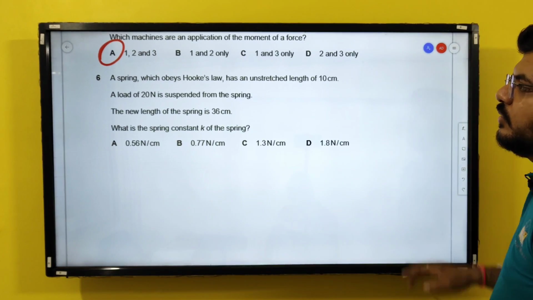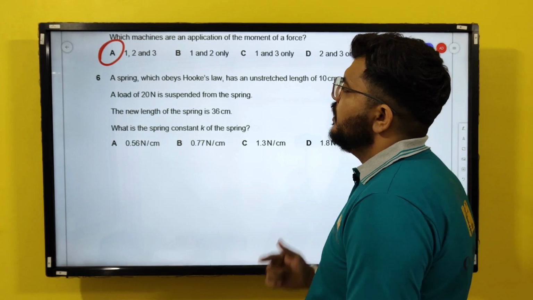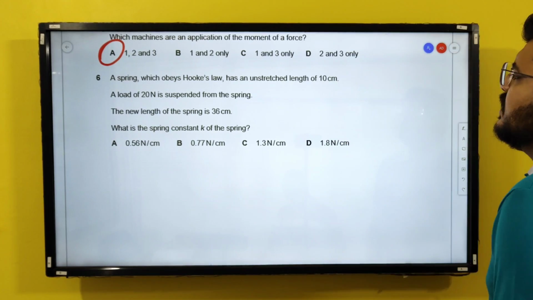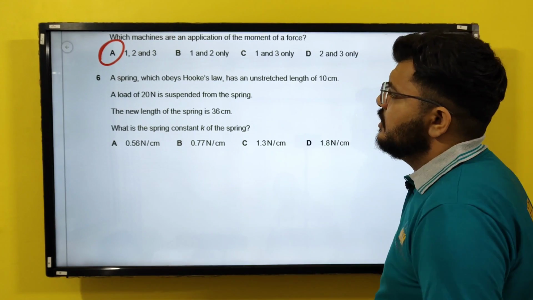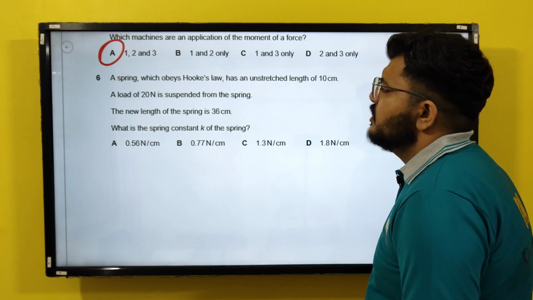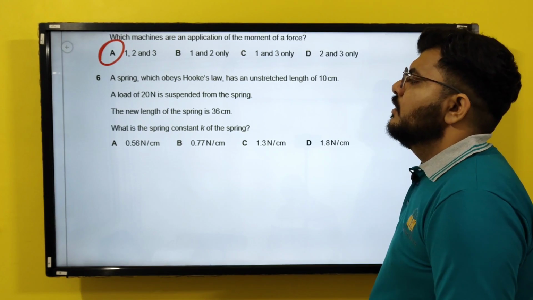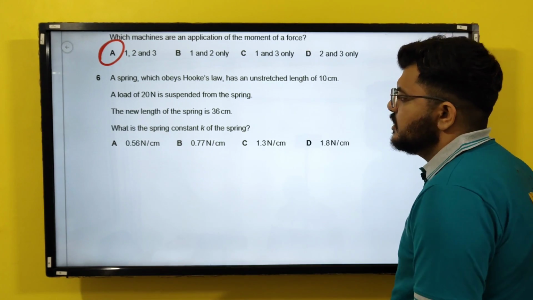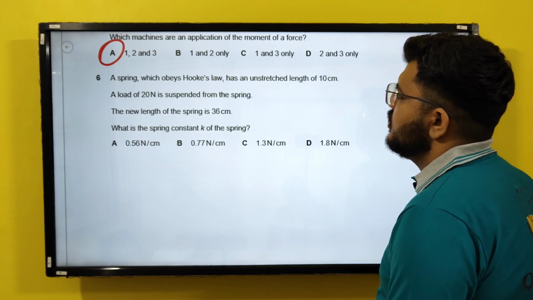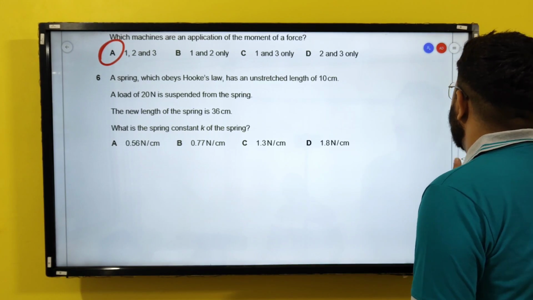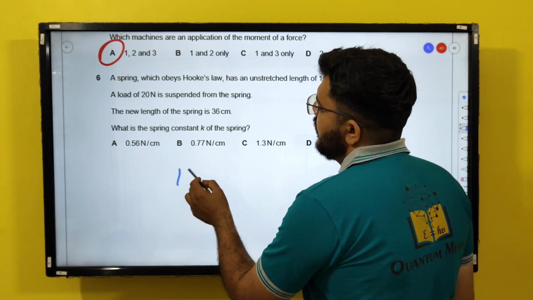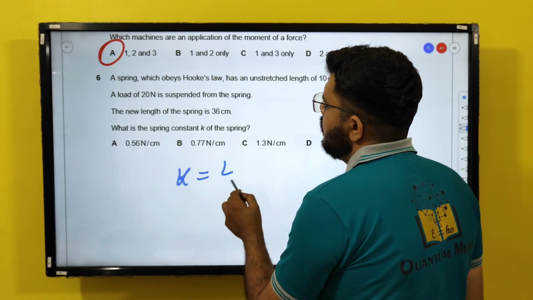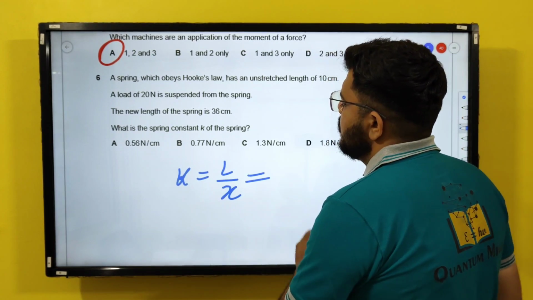Then you have question number 6. A spring which obeys Hooke's law has an unstretched length of 10 cm. A load of 20 Newton is suspended from the spring. The new length of the spring is 36 cm. What is the spring constant k of the spring? You know that k is equal to load upon the extension, right?